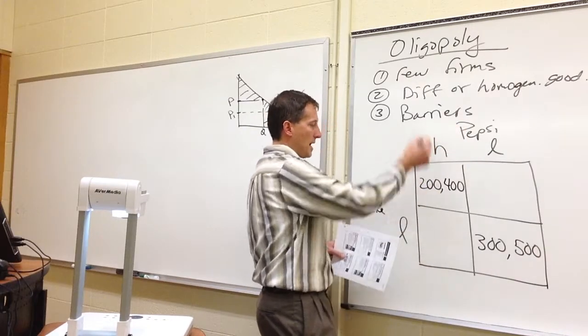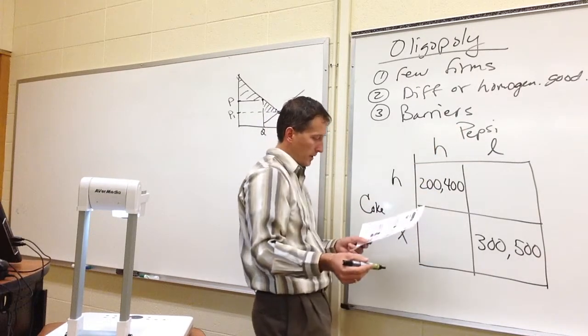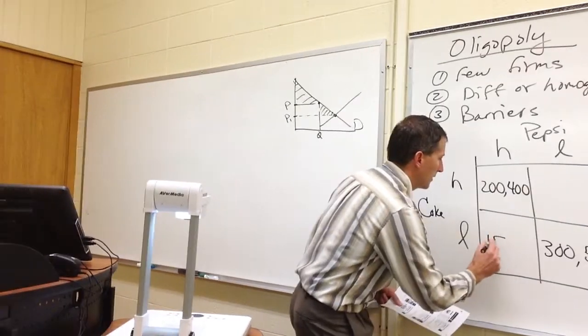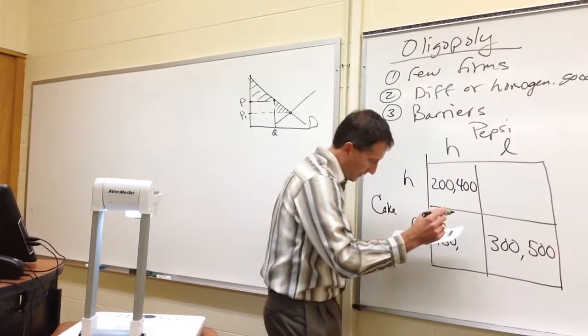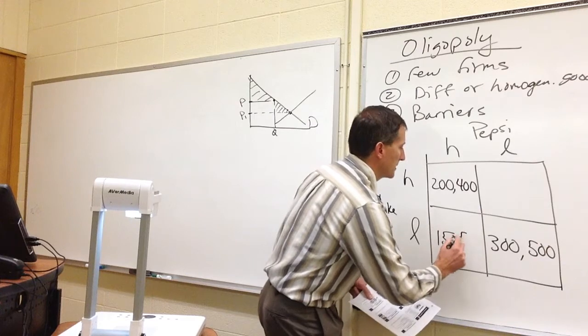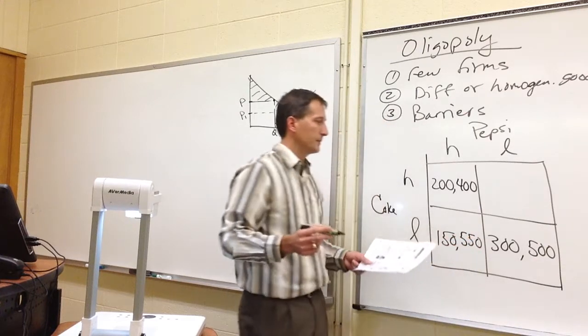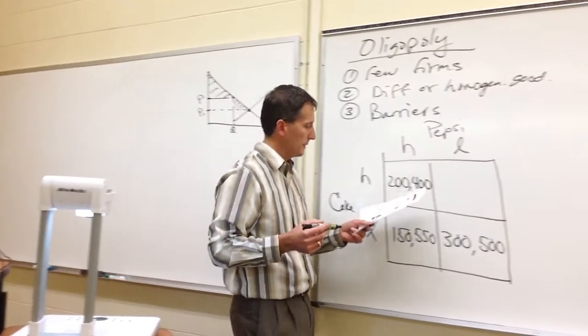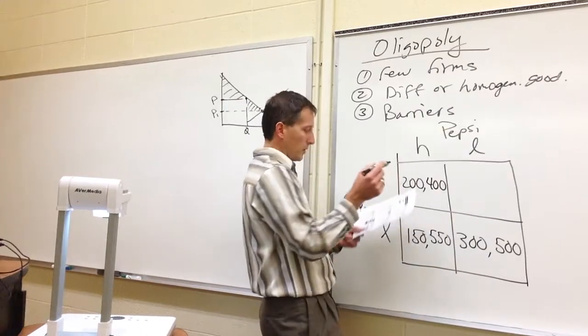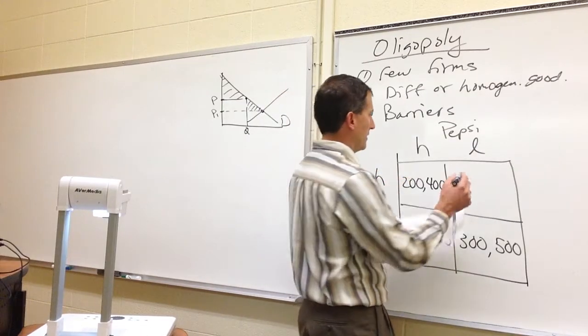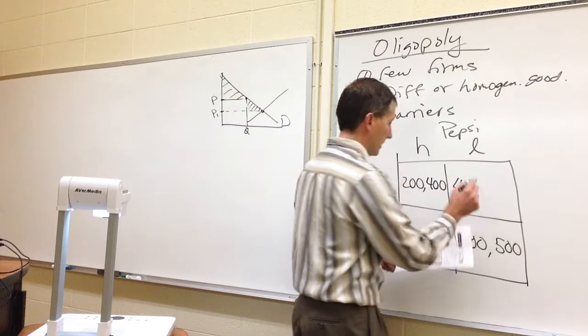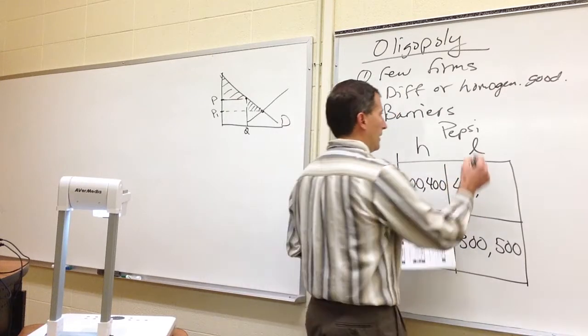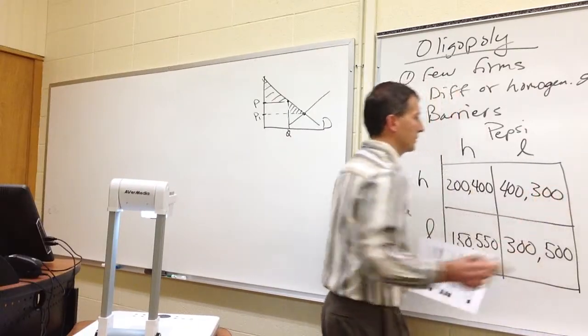If Pepsi goes high and Coke goes low and cheaps out, Coke's going to lose out and only get $150 million, while Pepsi gets $550 million. And finally, if Coke goes high and Pepsi cheaps out, Coke gets $400 million and Pepsi gets $300 million.